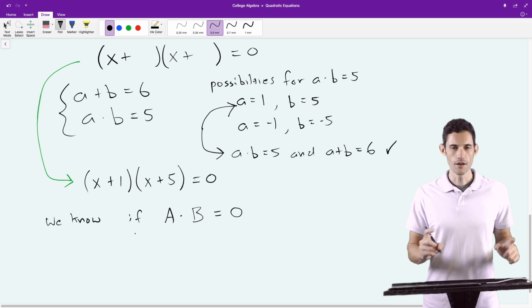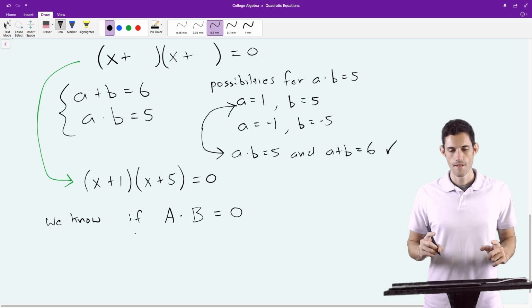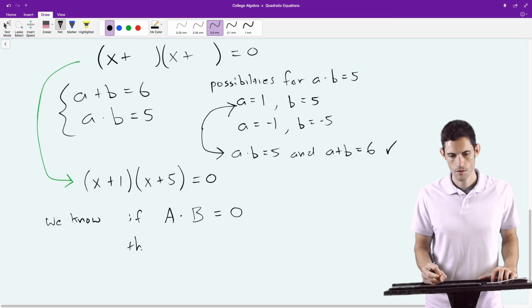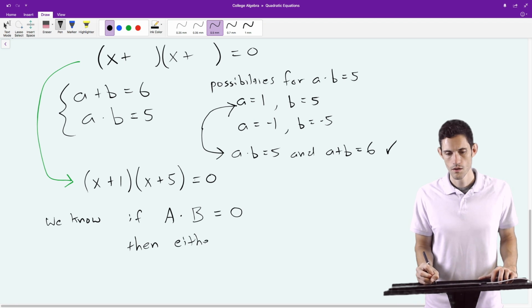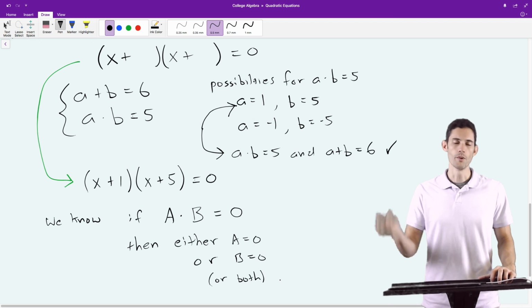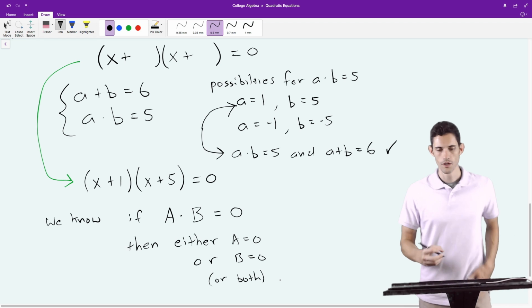So I know that if I have two numbers and I multiply them together to get 0, then either A equals 0 or B equals 0. Or both, because 0 times 0 is 0.